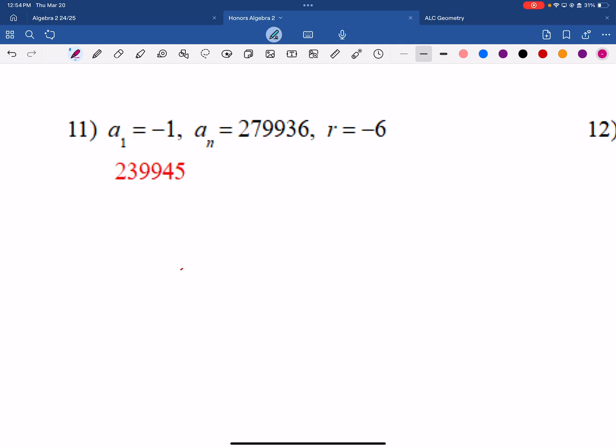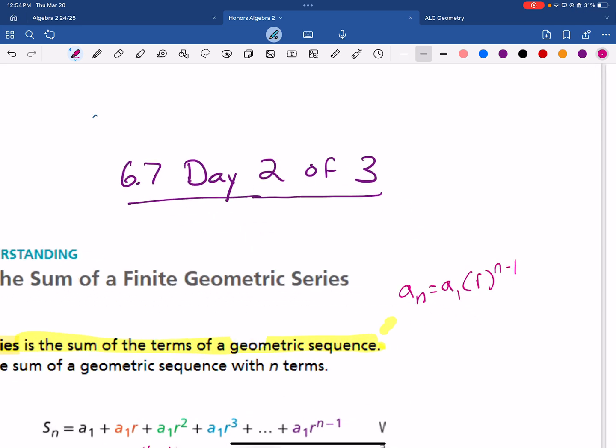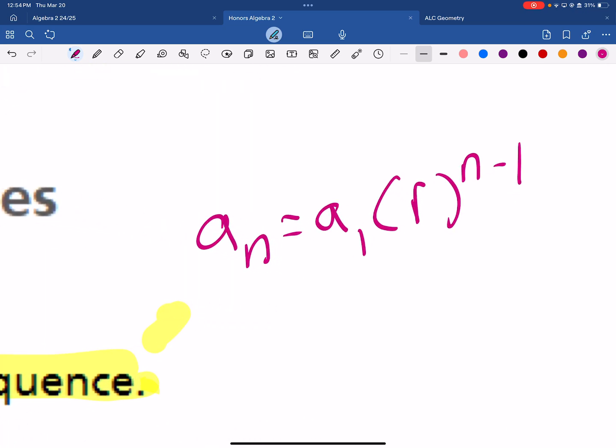Okay, so what we talked about on Tuesday was this. A of n is equal to A of 1 times R to the n minus 1. I know the A of n value. I know the A of 1 value. I know the ratio. Then I should be able to find that n value as well.